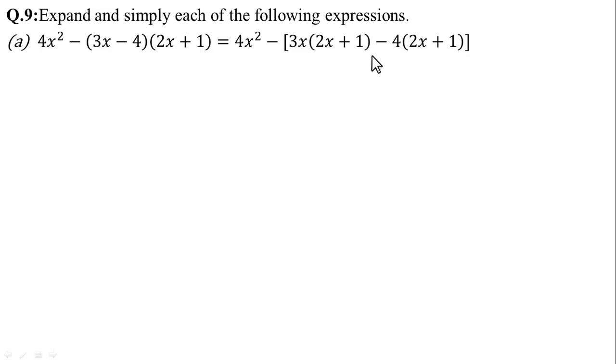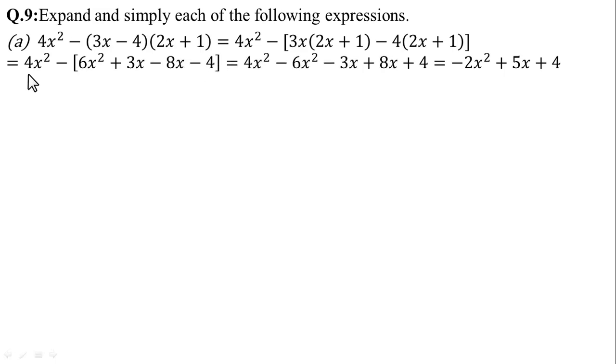First multiplying the quantities, we have 4x square minus [2 3s are 6x square plus 3x minus 4 2s are 8x minus 4]. Now opening the brackets, before the negative sign we change all the signs in the square bracket.